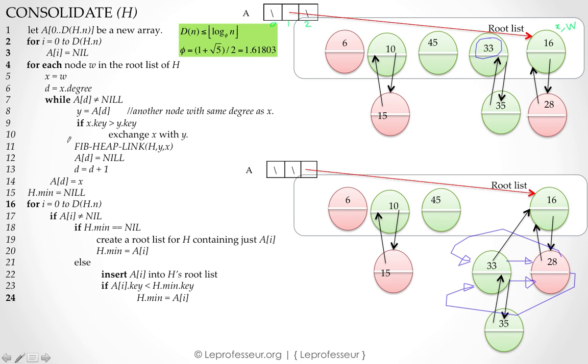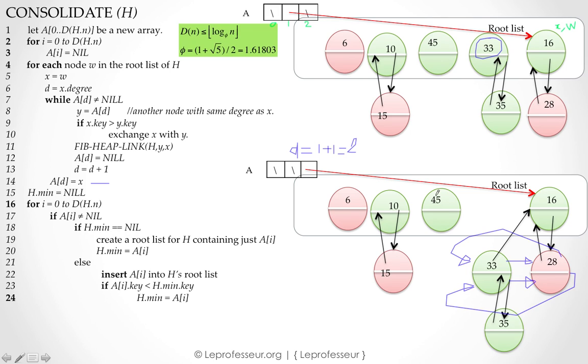Then we are again in the while loop, while A[d] is not nil. Now d becomes 1 plus 1, which is 2, and A[2] is nil. So we are out of the while loop and at line number 14, and we make A[2] point to 16.